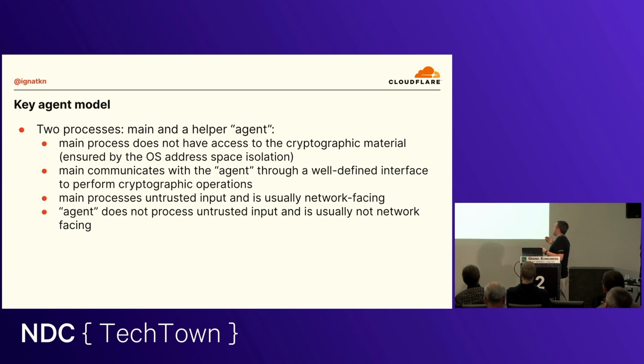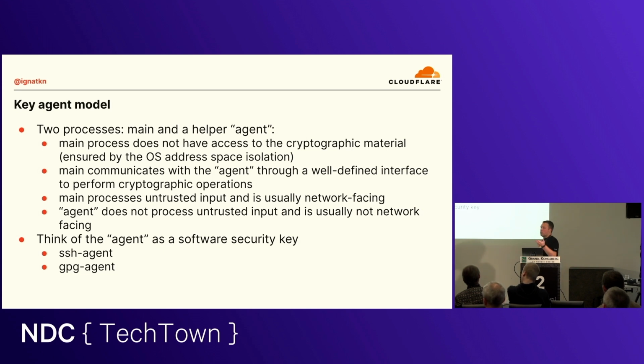Main communicates with the agent through a well-defined interface to perform cryptographic operations. The main process usually processes untrusted input and is network connected, whereas the agent doesn't process untrusted input, only serves requests through this well-defined interface, and is not network facing. Who here uses SSH agent or GPG agent? These are all examples of the agent model.